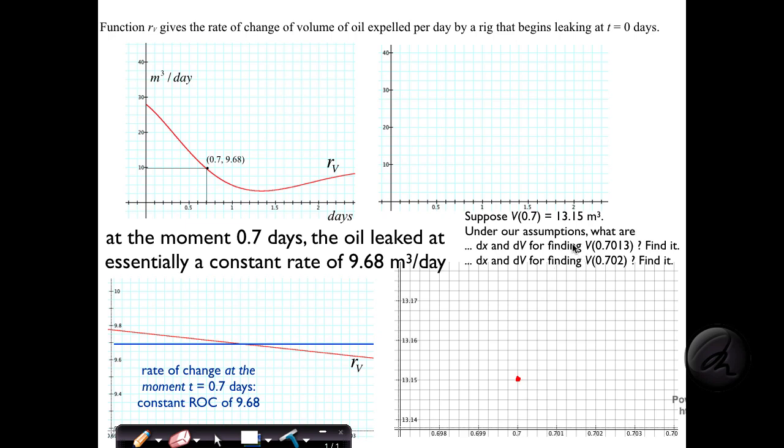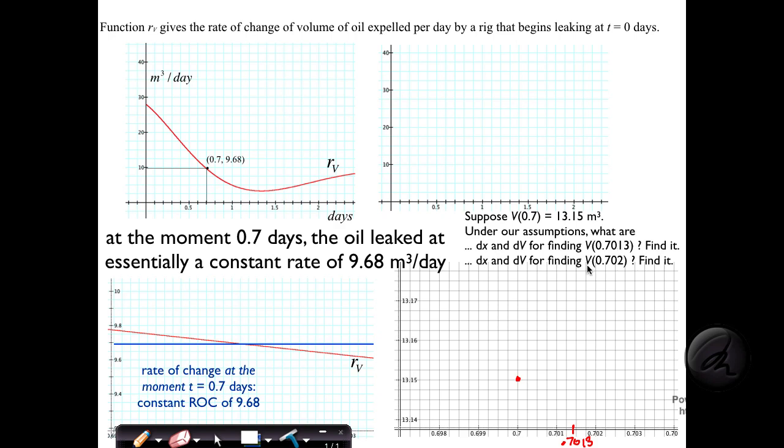And over the next 0.013 days, so up to 0.7013, a little bit to the right of that. Maybe I can, here. There we go. Does work not too horribly.